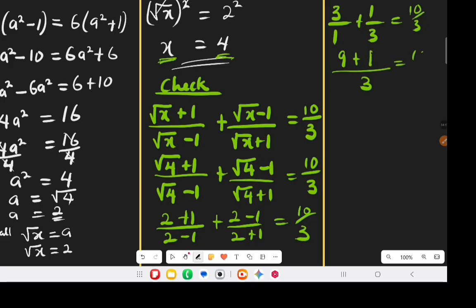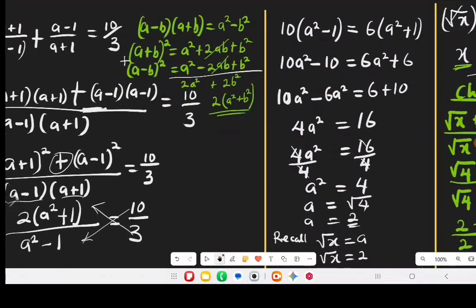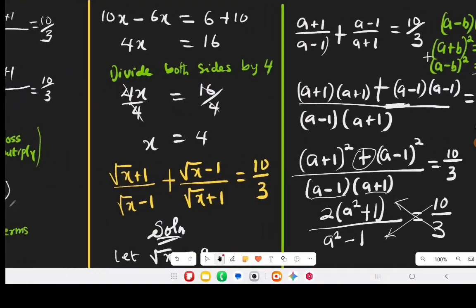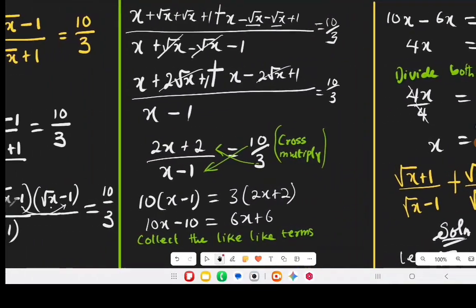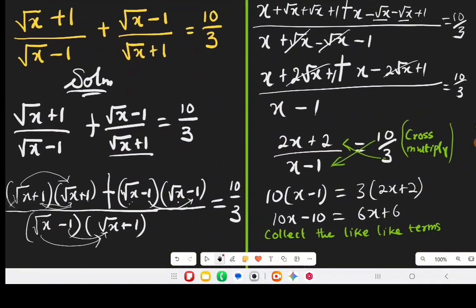Will it give us 10 over 3? Let's see, 9 plus 1 gives us 10 over 3 equals to 10 all over 3. So the left hand side is equals to the right hand side. Our answer is correct. We have explored using two approaches and we arrived at the same answer, and we succeeded checking the answers, and the answer is correct.